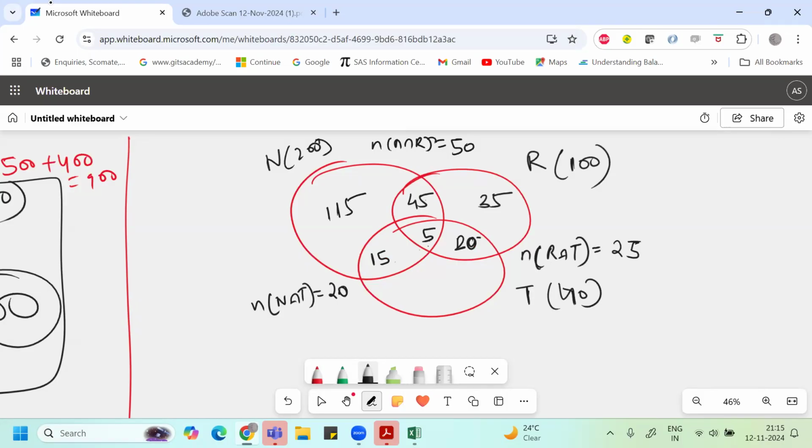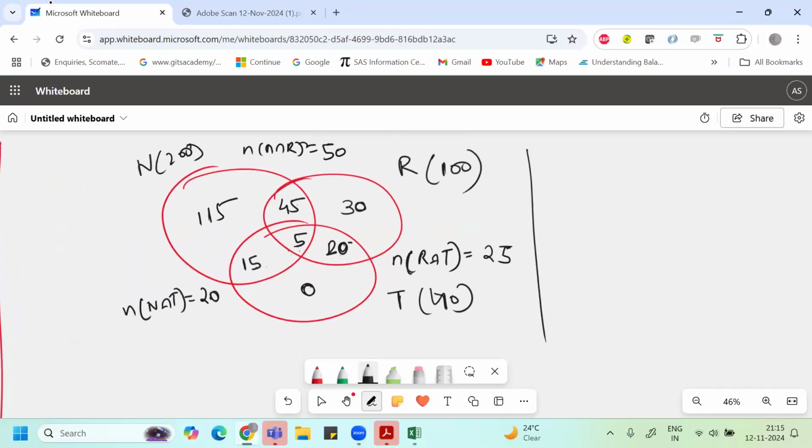This is going wrong, this is fine. So this is 45 plus 5, how much? 50. 50 plus 20 is 70, so this becomes 30. Then 15 plus 5 is 20, 20 plus 20 is 40, and this becomes 0.